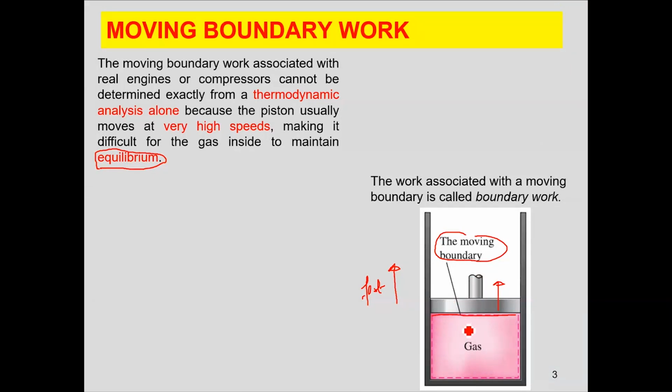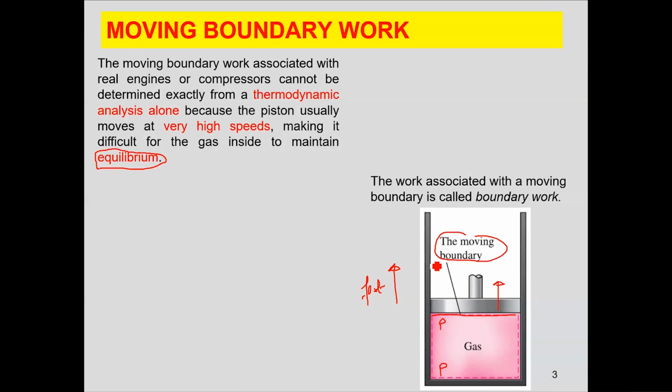Why? Because when the system is moving very fast, you cannot say whether the system has a uniform pressure or not. Pressure near the piston would be relatively higher compared to the pressure at the lower end when the system is moving very fast, as in real engines. So thermodynamic analysis cannot be performed.